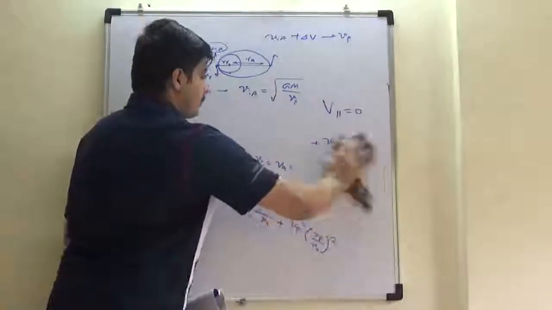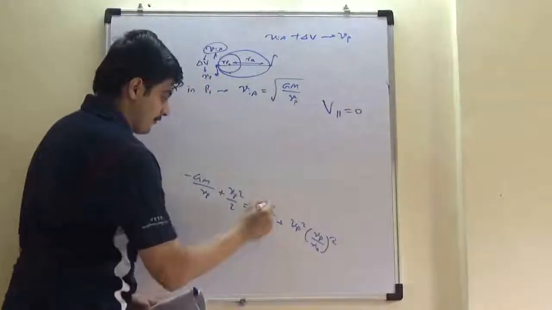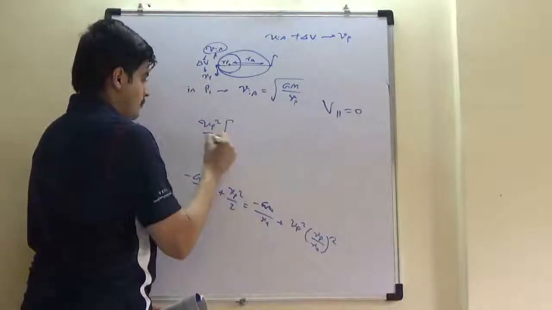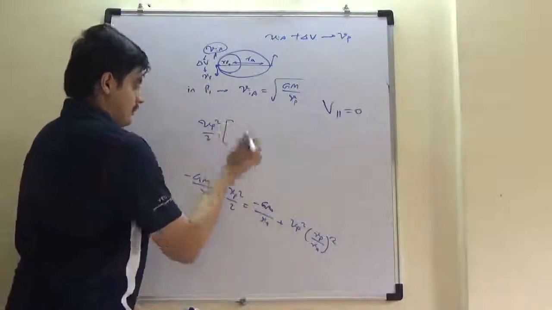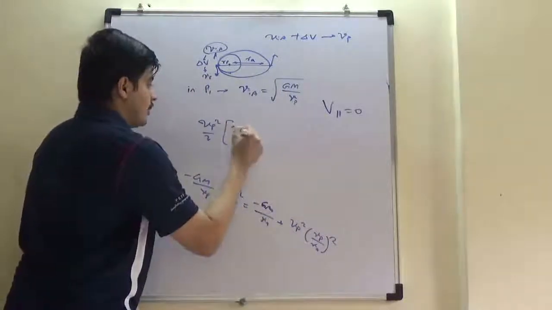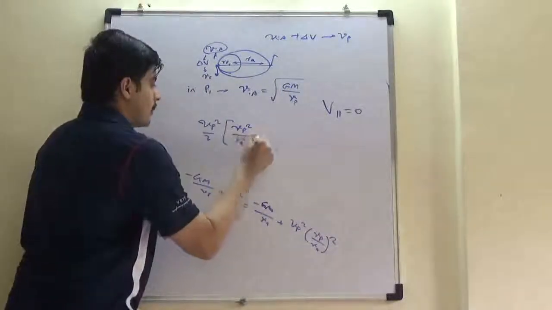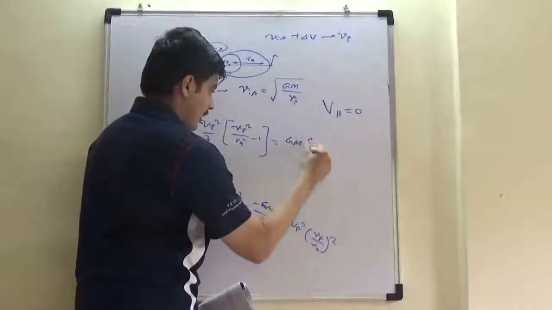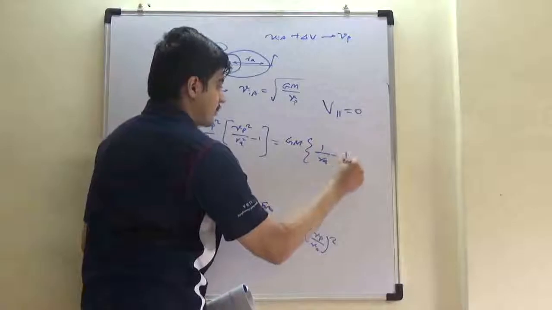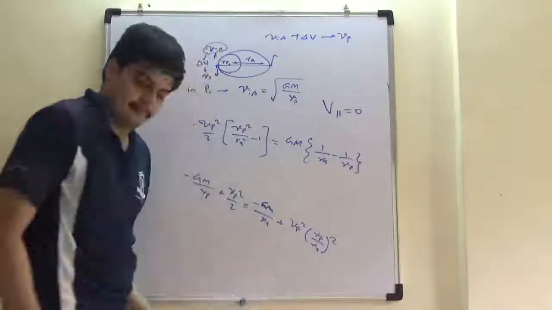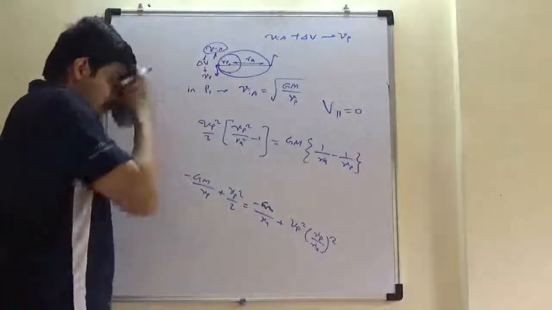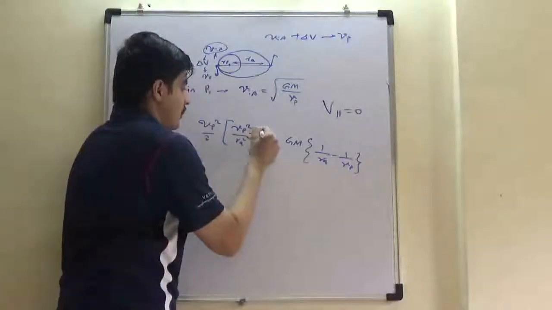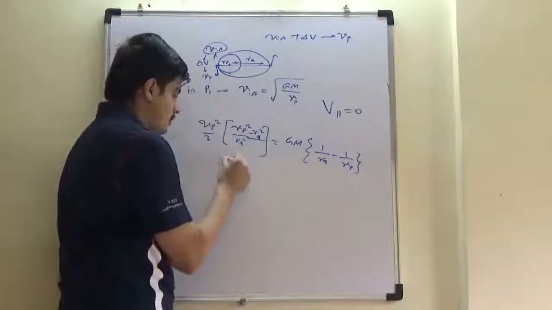Now let us rearrange these two equations because both equations are clubbed. So Vp square upon 2 comes out as a constant. On the right hand side you get Rp square upon Ra square minus 1. This comes here, GM times 1 upon Ra minus 1 upon Rp, right? Now, how will I modify this equation? This will become Rp square minus Ra square, but a square minus b square is what?